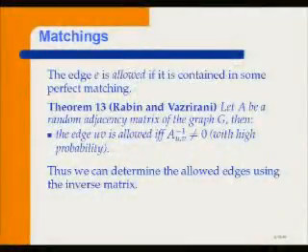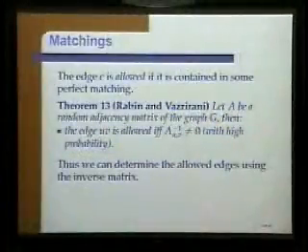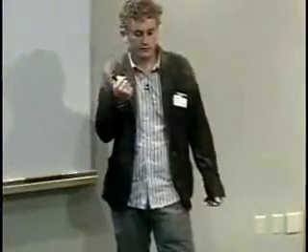And what can be used here is the following result. We say that an edge in a graph is allowed if it's contained in some perfect matching. So we can build a matching step by step: take an allowed edge, and we'll know that there will exist a perfect matching that contains this edge, and we go on. Take another allowed edge and continue.